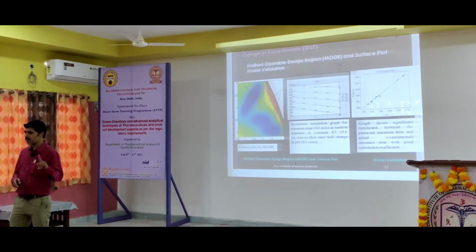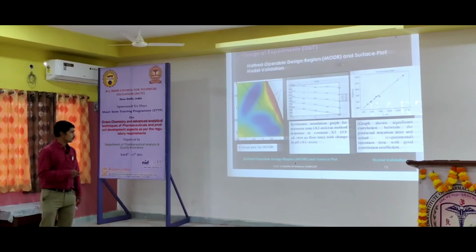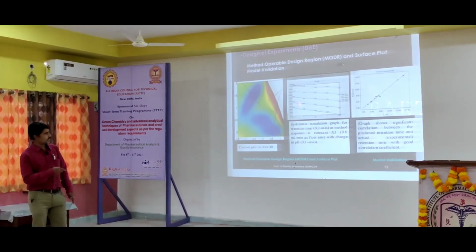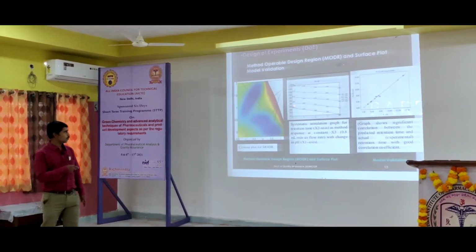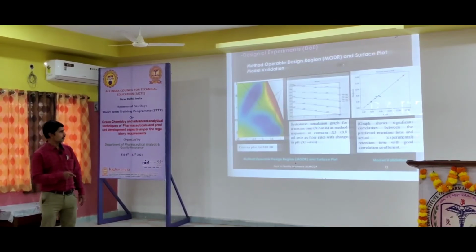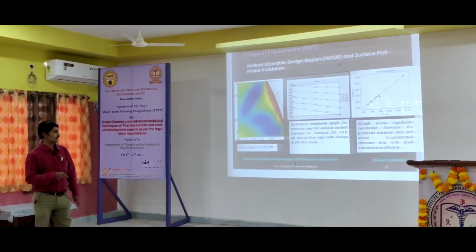One parameter we keep constant and the remaining two we can change. Here the flow rate was kept constant and the pH as well as the aqueous phase were changed. Upon that, how the retention time is changing, whether it is constant, decreasing or increasing, that graph is shown here. The graph shows a significant correlation between the predicted retention time and actual retention time. If you see here, all are almost similar.